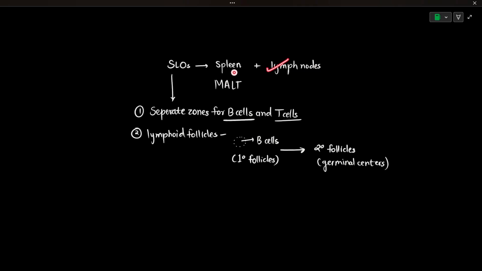We have already discussed the spleen, a soft, fist-sized organ encapsulated by a fibrous capsule, whereas lymph nodes are small, bean-sized nodes which are also encapsulated by a fibrous capsule.